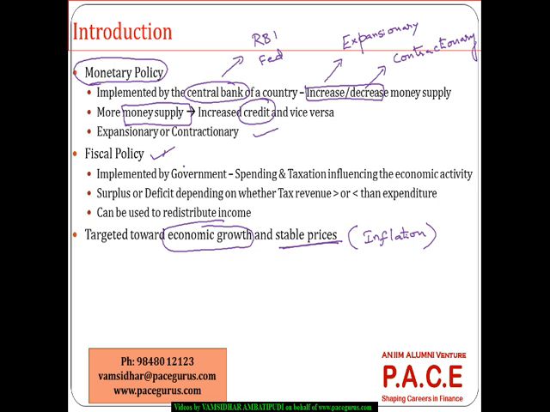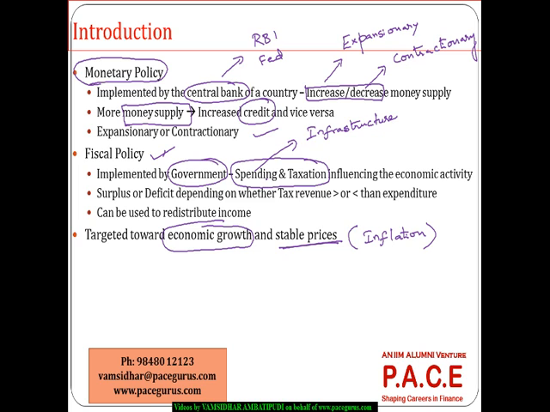Similarly, the other important policy, fiscal policy, is implemented by the government of the country, not by the central bank. What does the government do? Here it plays around with spending. Spending is some kind of social spending it does. Probably it spends on infrastructure, roads, railways, defense; the government spends on various activities.